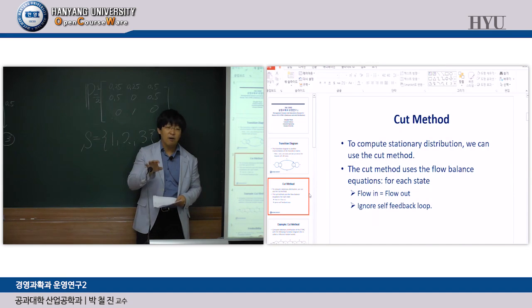The summation of all these flow in terms is located on the left-hand side, and the right-hand side is flow out. For each arc we can figure out the transition probability from the state, and then multiply by pi i corresponding to the state.